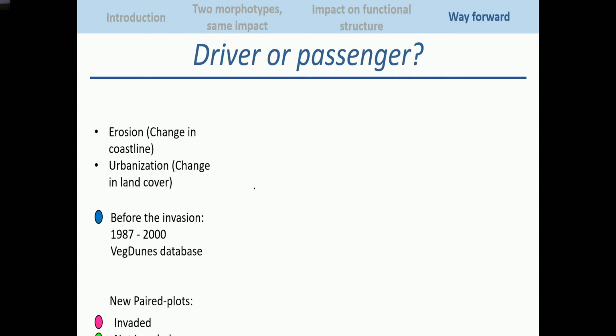And we could also combine this information with information about the erosion of the coastline or the urbanization changes in these areas.